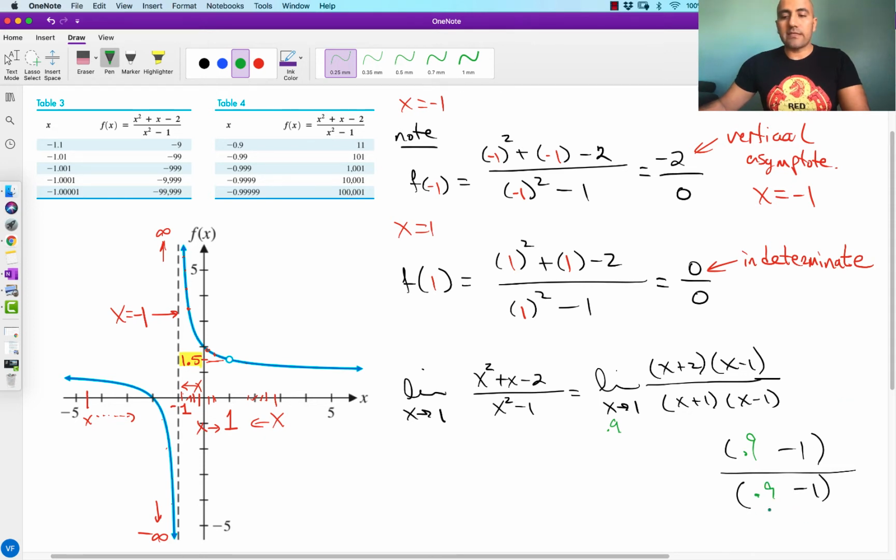Well, then those can cancel, right? Or if I let x equal 1.001, then this over this would be 1.001 divided by 1.001. A very small number divided by an identical very small number. These can cancel, right?